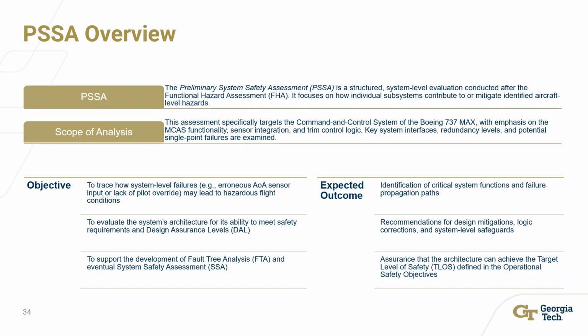Our objective here was to evaluate the MCAS within the broader command and control system to identify the design gaps, the safety critical functions, and the potential failure points. The expected outcome is a thorough understanding of MCAS vulnerabilities, which will inform mitigation strategies.